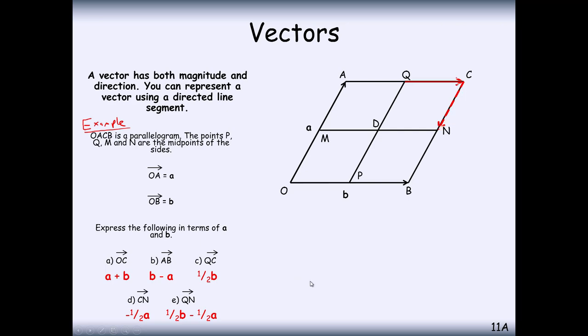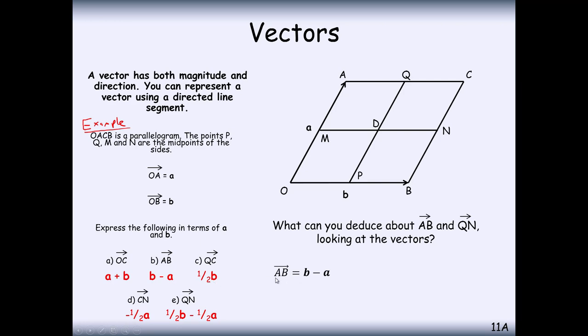And a question for you. What can you deduce about AB and QN? Just by looking at them. Well, we've got AB equals b minus a, and QN equals half of b minus a.